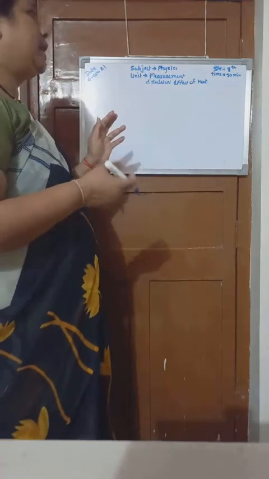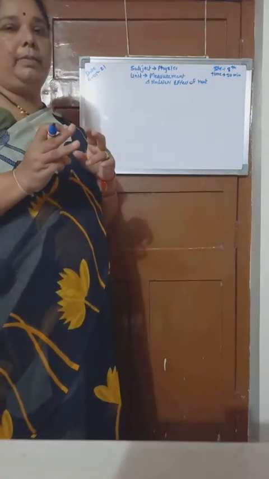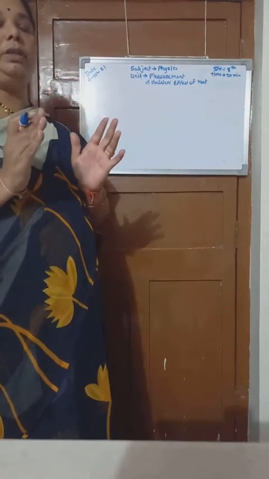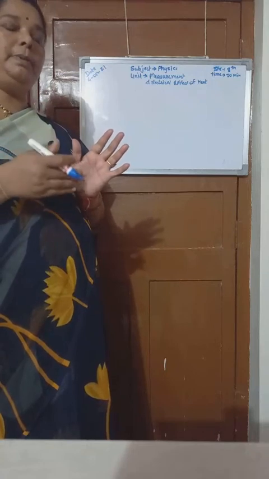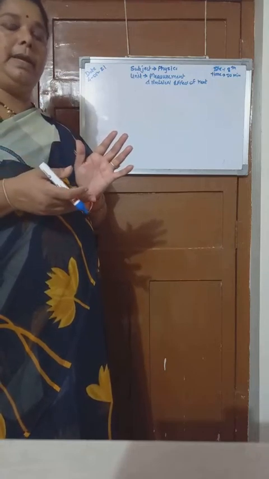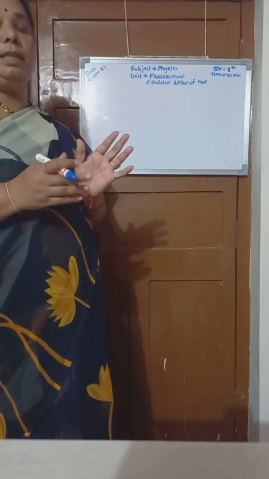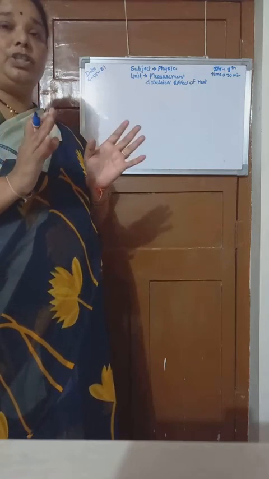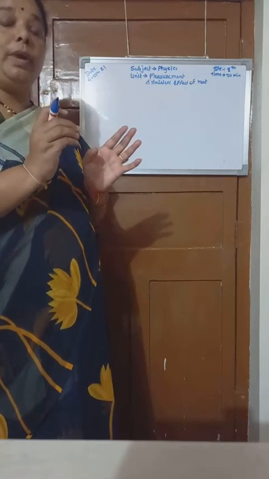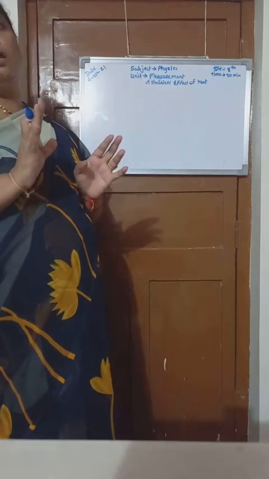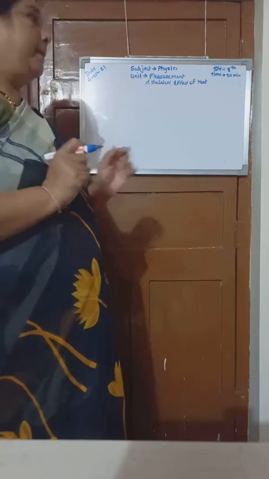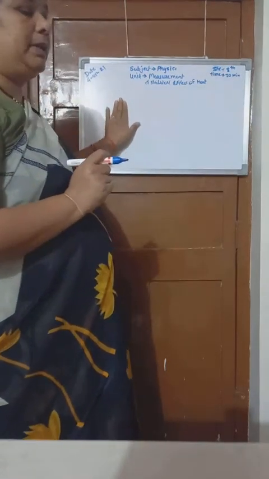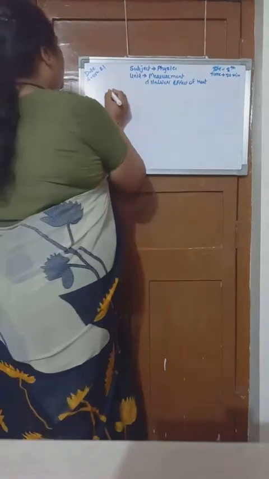Then we have seen one experiment having cool water, hot water and medium water. By doing this experiment, we can say that we can't judge the accurate temperature of any object by touching. Okay, this is the summary.